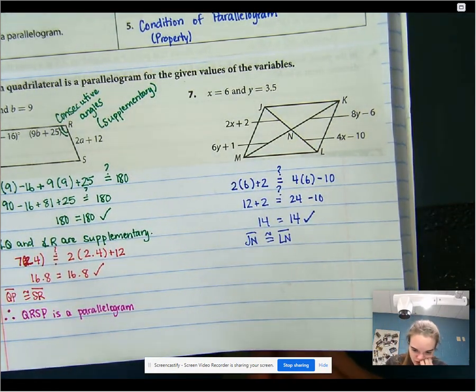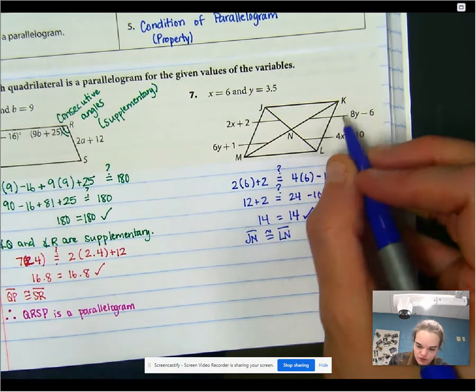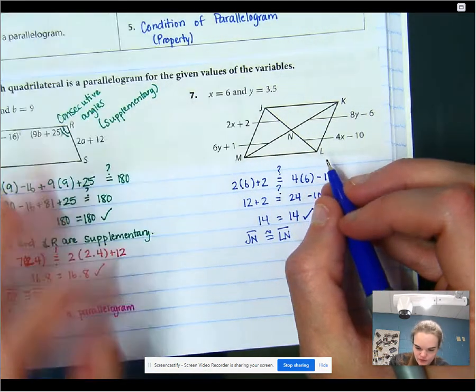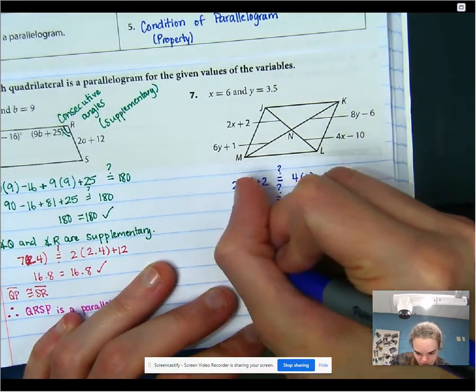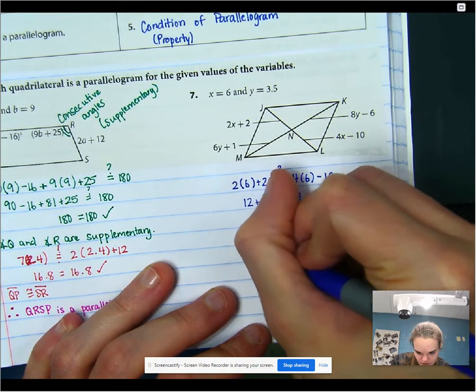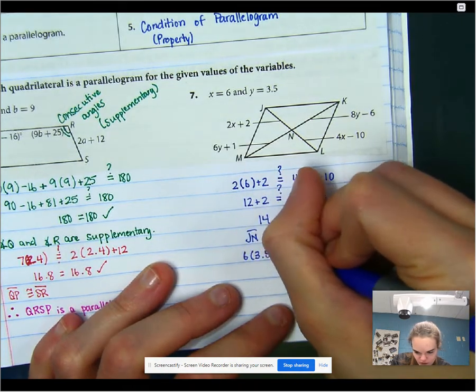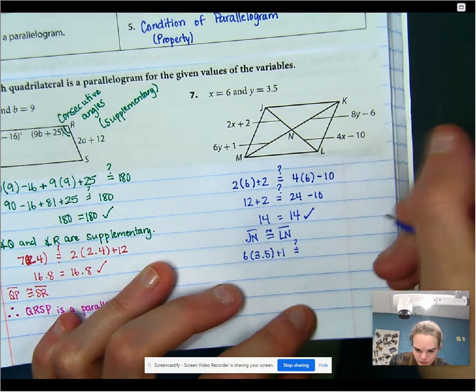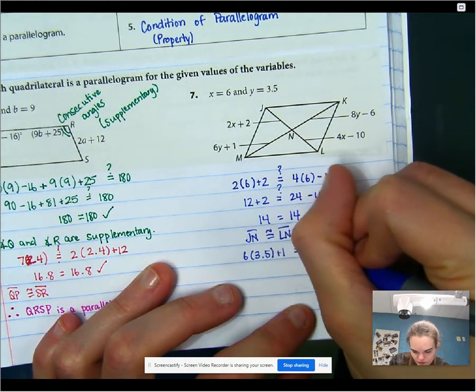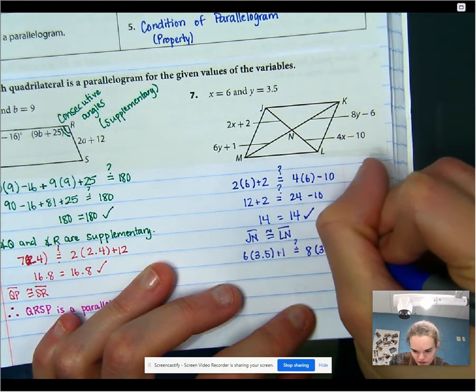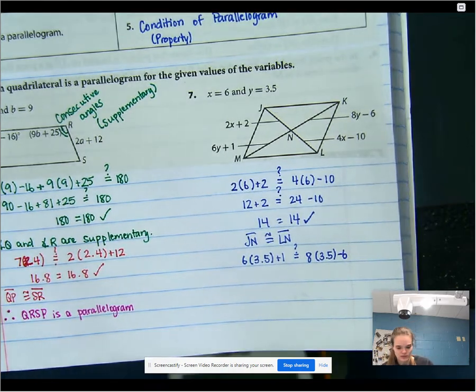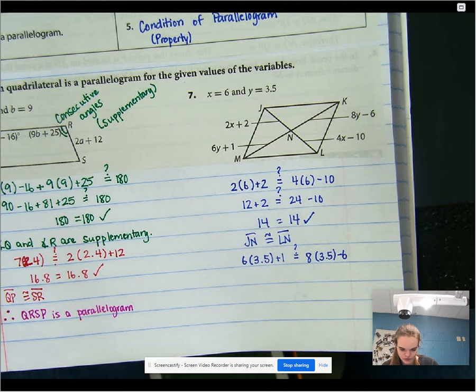Okay, next. MN should be congruent to KN, and we're going to use 3.5 for y. So 6 times 3.5 plus 1 should be equal, we don't know, to 8 times 3.5 minus 6. And again, I don't really feel like doing the decimals in my head. 6 times 3.5 is 21, plus 1 is 22.